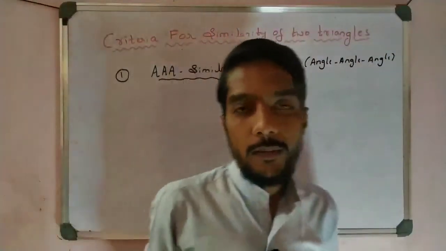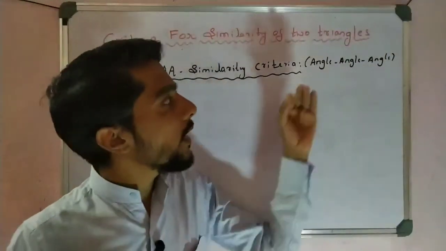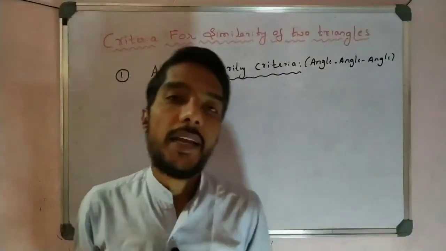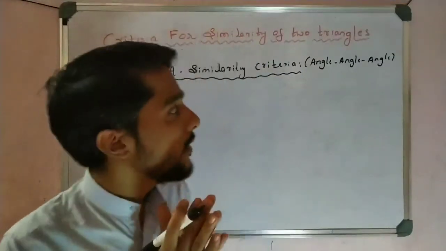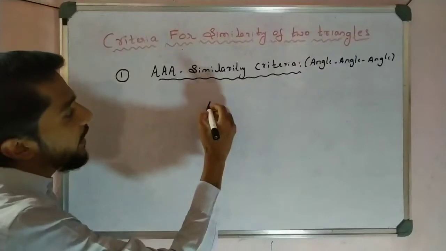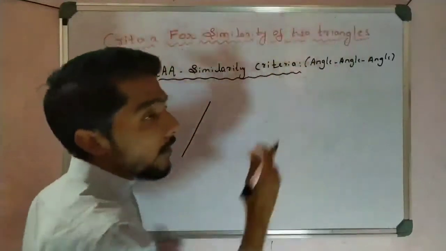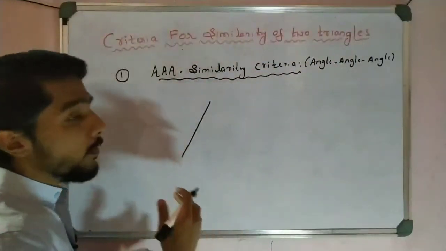Angle means three angles, so it is the angle similarity criterion. What does this mean? We consider two triangles here, similarity between two triangles.